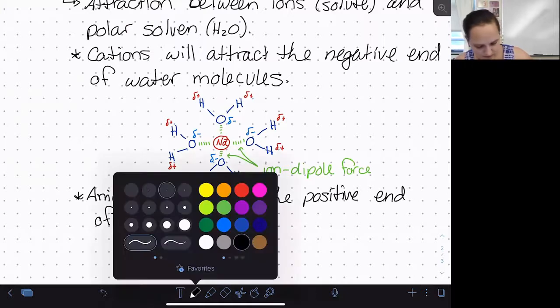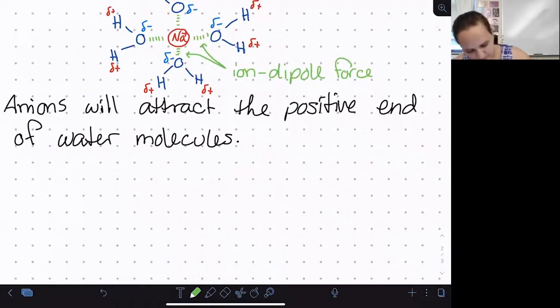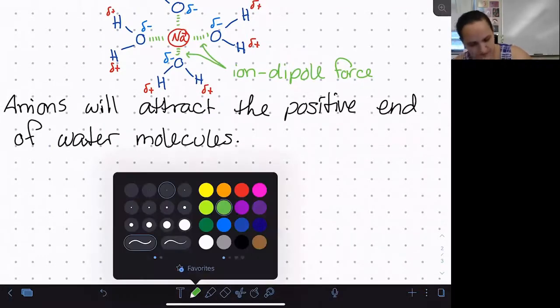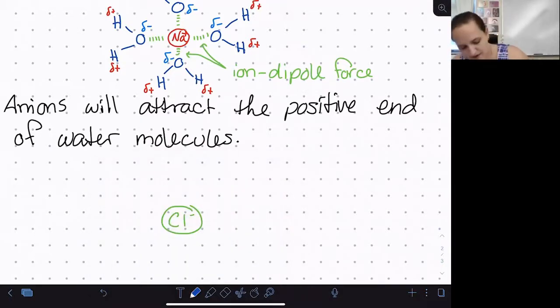So if chloride is our anion from our previous example, you would find that the water molecules around a dissolved chloride ion have oriented themselves so that one or both of their hydrogen atoms is pointing inward.